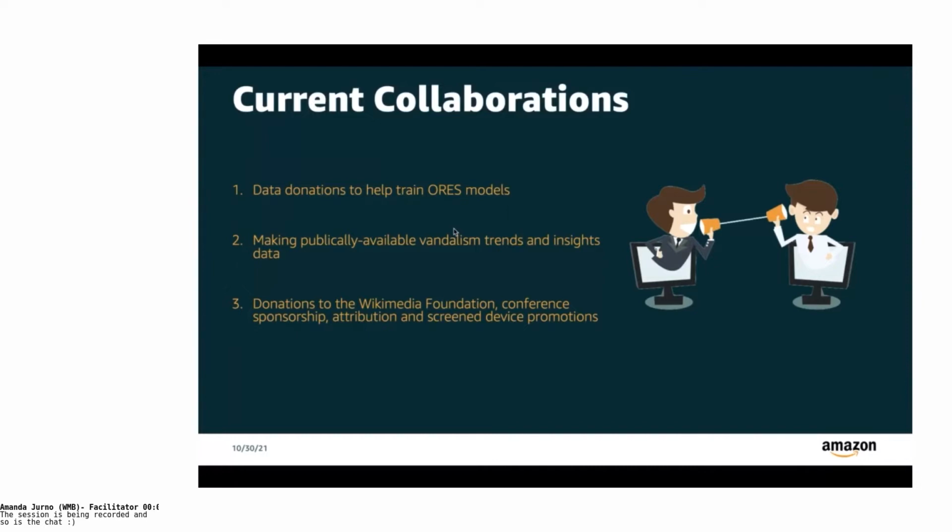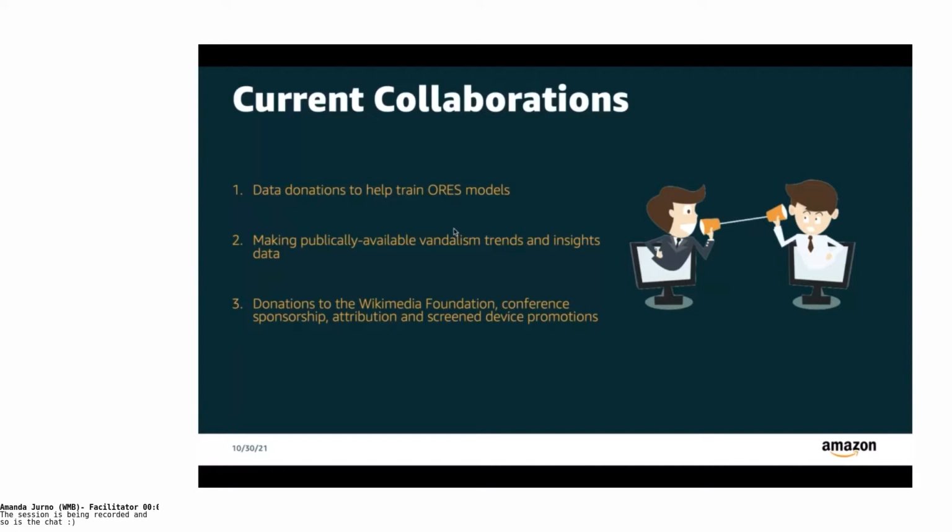So one way we do that is through data donations to help train the ORES models for Wikidata and Wikipedia. We also try to make publicly available vandalism trends and insights data, something that we're currently working towards. And then we also do this via donations to the Wikimedia Foundation annually, conference sponsorship, voice attribution, and screen device promotions.